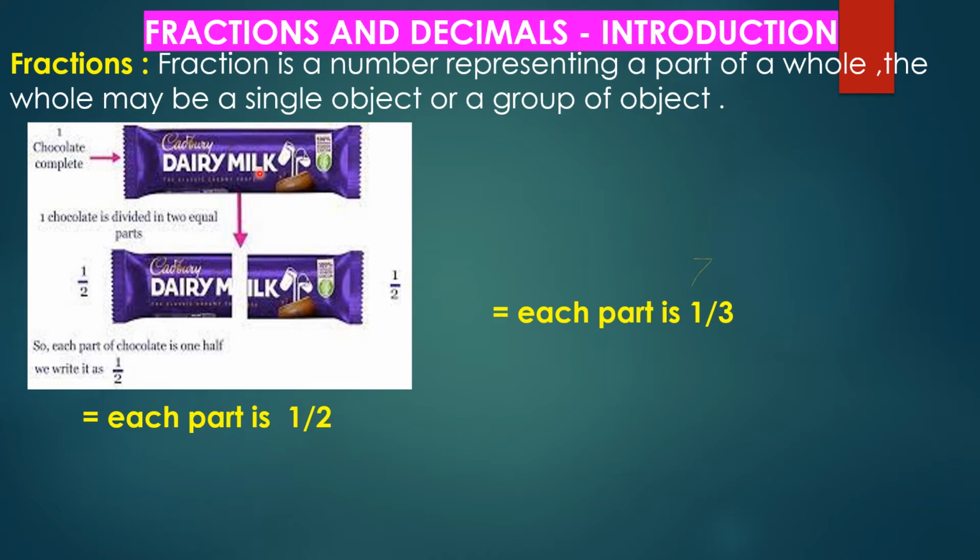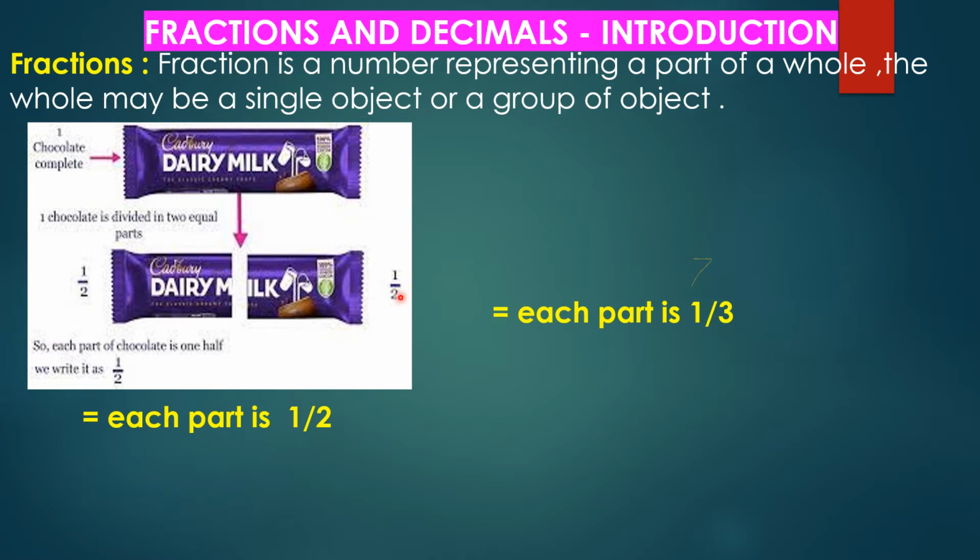Therefore, what we have to do now? The single chocolate we have to distribute among 2 persons. Therefore, we have to divide the chocolate. So, how do we divide? We have to divide it into 2 equal parts. So, each part will become 1 by 2. That is, each part of the chocolate is 1/2.